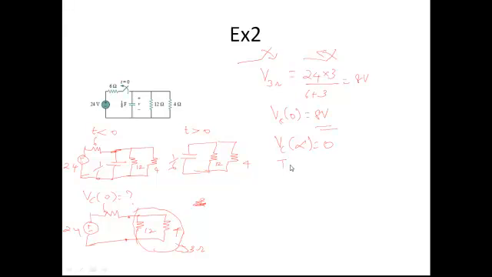Capital T naught is equal to 0 because switching takes place at time t equal to 0. You need to find the value of tau, which is R equivalent times C. R equivalent is for the second circuit only, because at the transient stage you have only this circuit, not the other one. So what is the resistance seen by the capacitance?